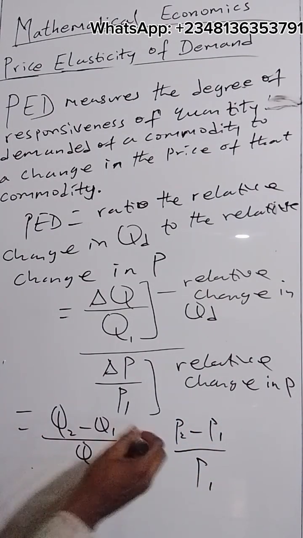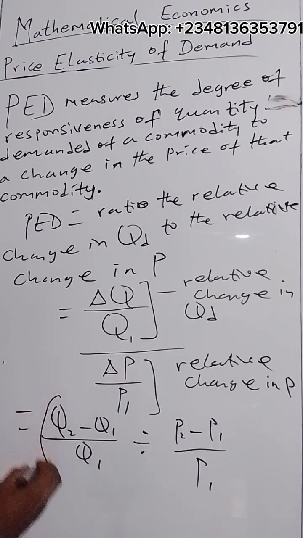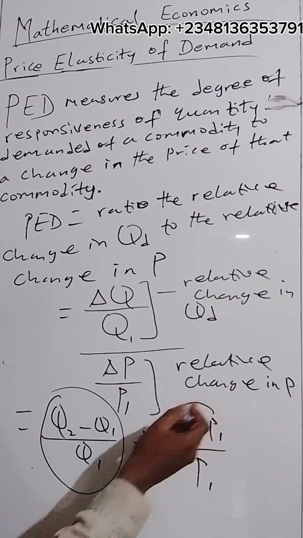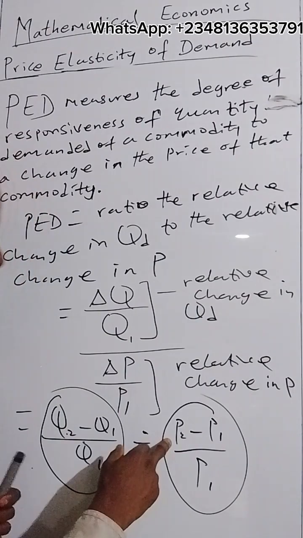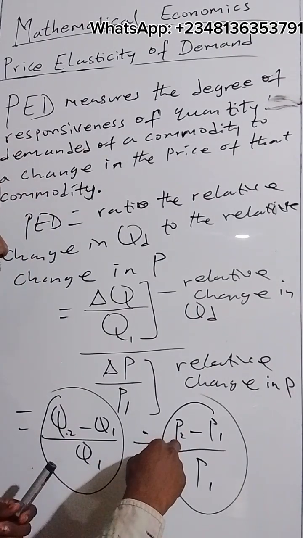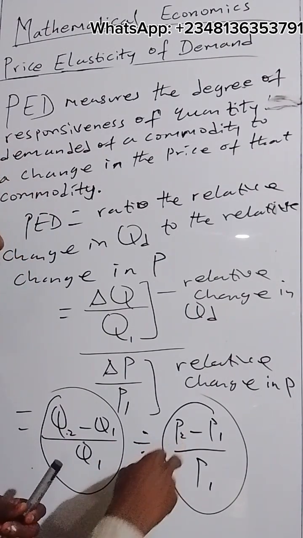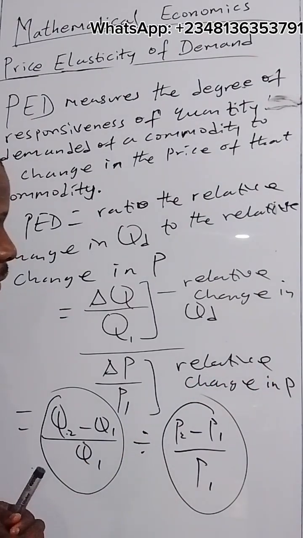In other words, I have the relative change in quantity demanded divided by the relative change in the price of the commodity, where Q2 implies the new quantity demanded and Q1 the old quantity demanded. Likewise, P2 implies the new price of the commodity and P1 implies the initial price of the commodity.